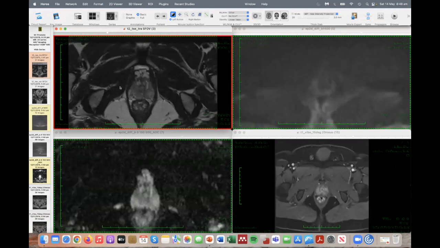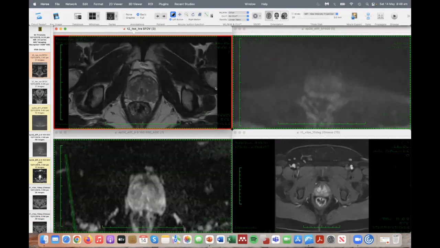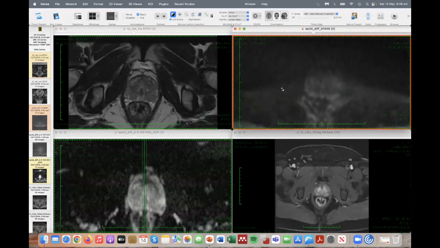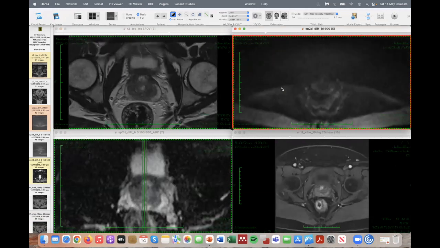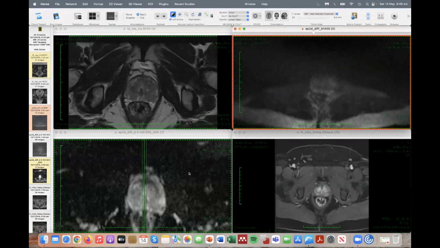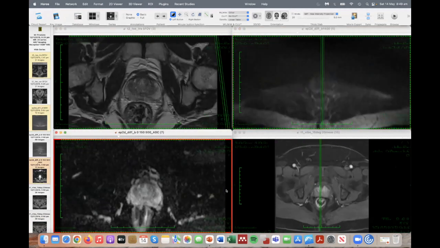We can see diffuse changes in the PZ bilaterally, and we cannot see any focal lesion here. And on the high B value, there are no focal areas of hyperintensity or focal area of hypointensity in the PZ on the ADC map.